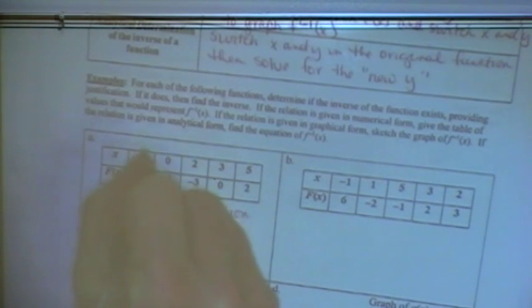It does. It has 2 repeated y values, so I'm going to say not a one-to-one function. A repeated y value of 2.